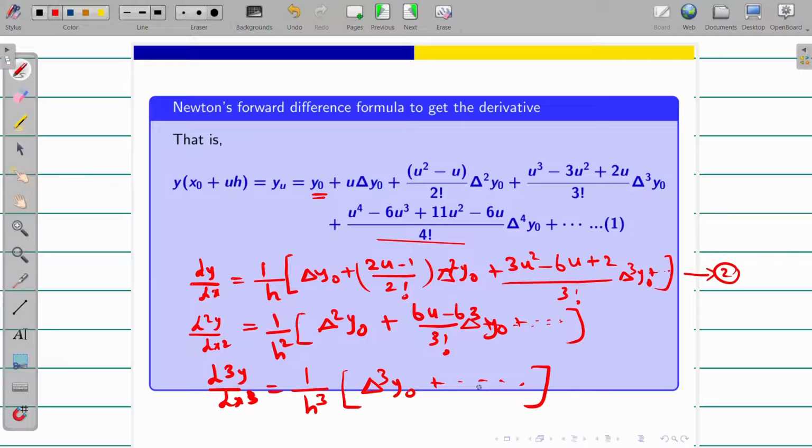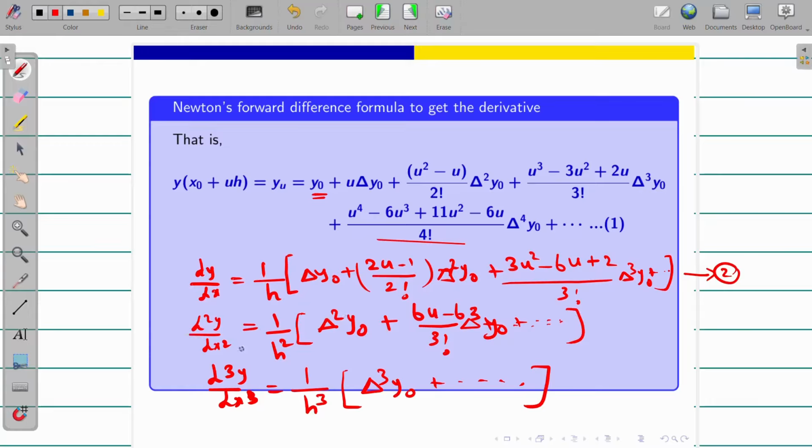This is the way to derive the derivative formula. First, write Newton's forward interpolation formula, multiply everything inside by the u values, and then differentiate with respect to u. If you want to find the first derivative, differentiate once and multiply throughout by 1 by h. I will tell you the reason later.